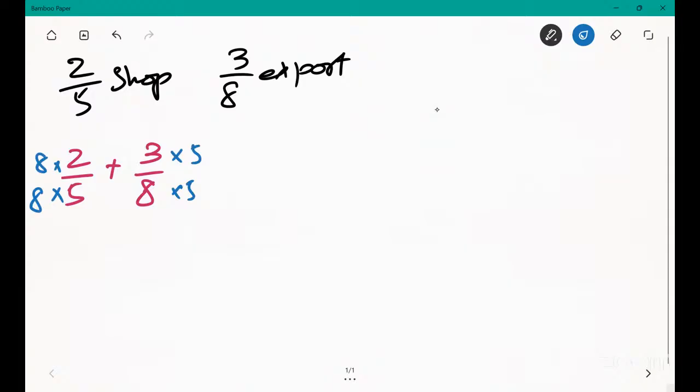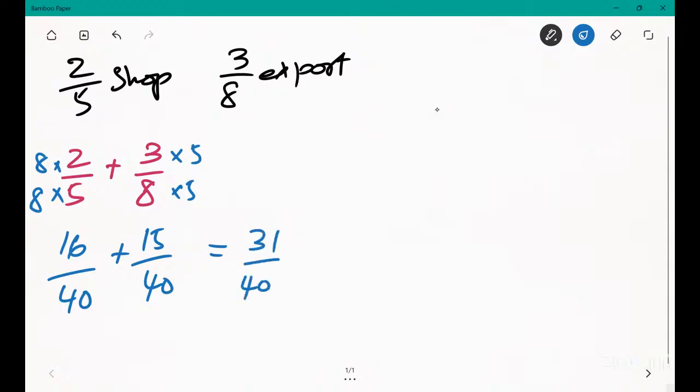So then you're going to get 8 into 2, 16/40, plus 3 into 5, 15/40. So here you get 15 plus 16 gives us 31/40. So this is the total fraction for shops and exports. You can just write it here if you want.